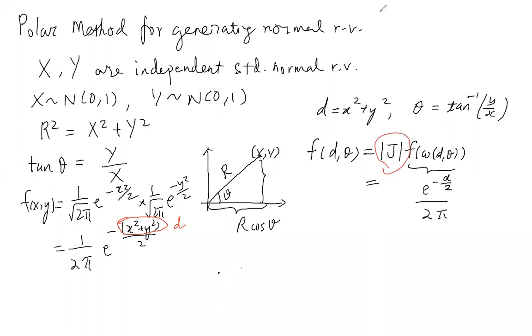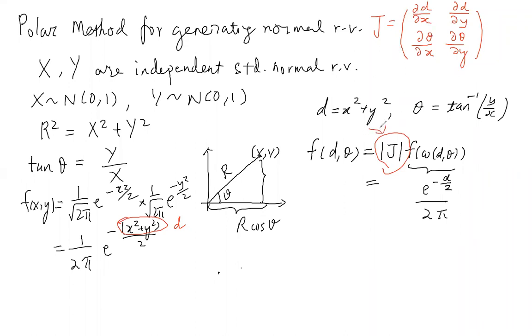Okay. So by definition, your Jacobian, for a two variable density, is the determinant of the matrix with the partial derivative of D over x, D over y, and then theta over x, theta over y. Okay. So you need to find this matrix of derivatives, and then you take the determinant, right?